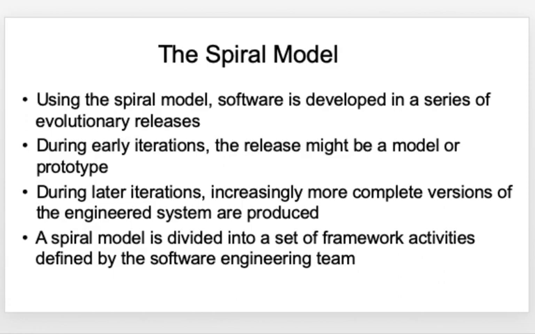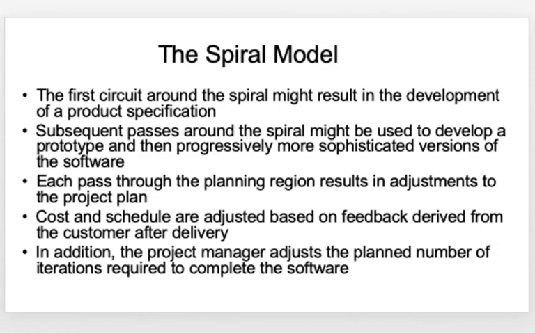It is important to note that in a spiral model, you divide it into a set of framework activities, and they are all defined by the software engineering team. If you look into the spiral model diagram, the first circuit around the spiral will result in the development of a product spec. Subsequent passes will develop a prototype and more sophisticated versions of the software.